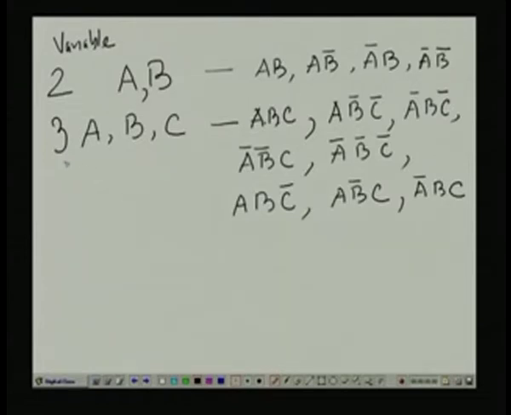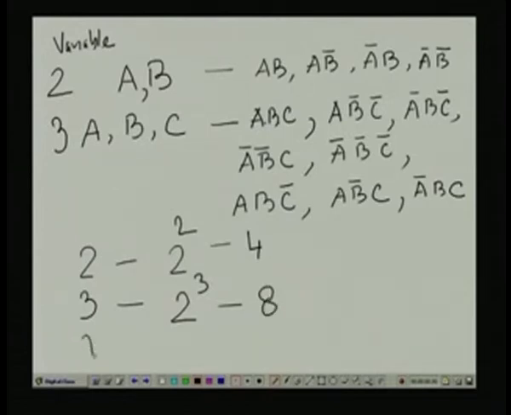So, this is nothing but that if it is 2 variables, it was 2 squared. If it is 3 variables, the product terms were 2 to the power 3, that means there are 4 terms for two variables, here it is 8 terms.